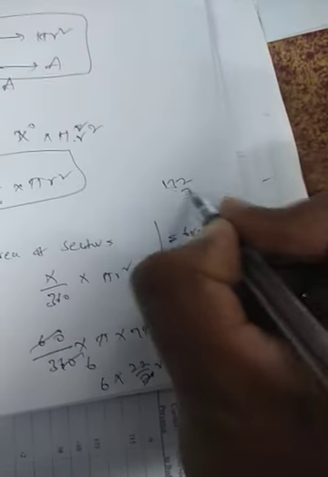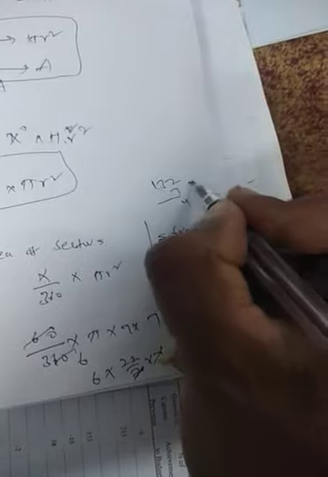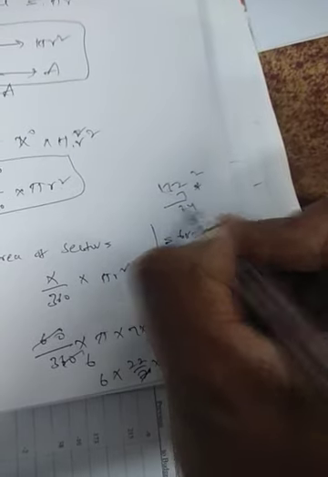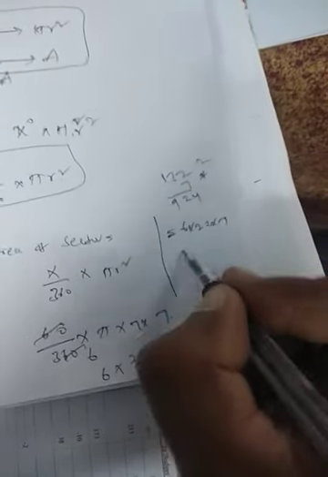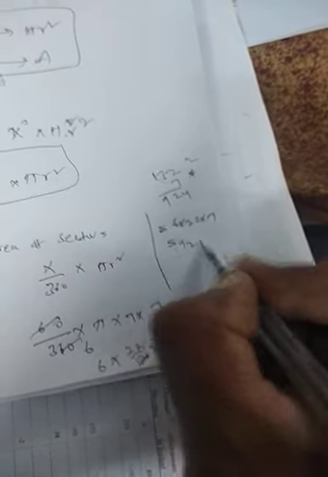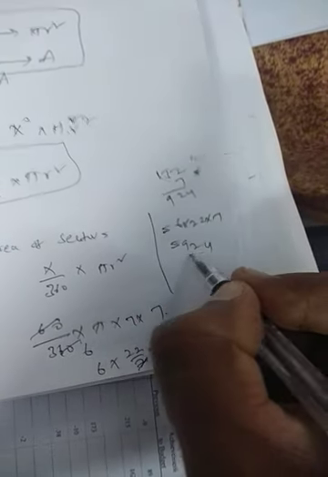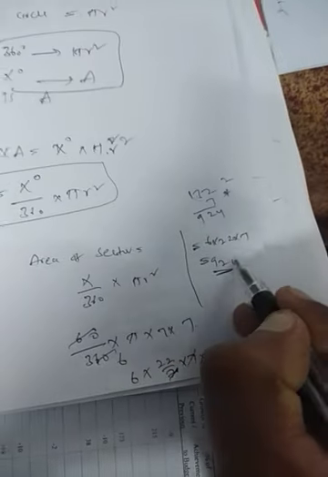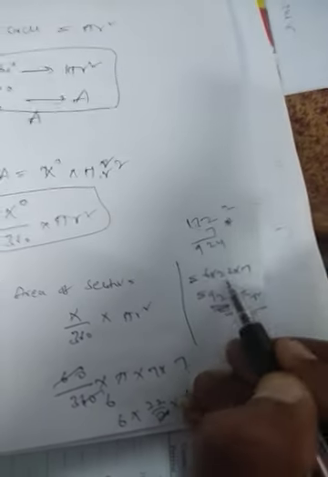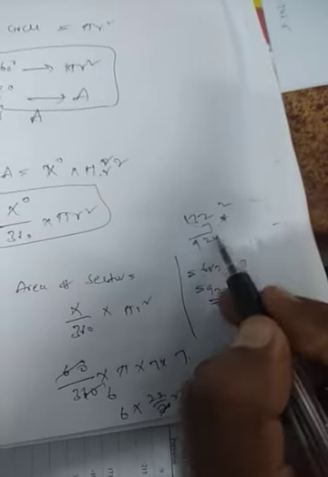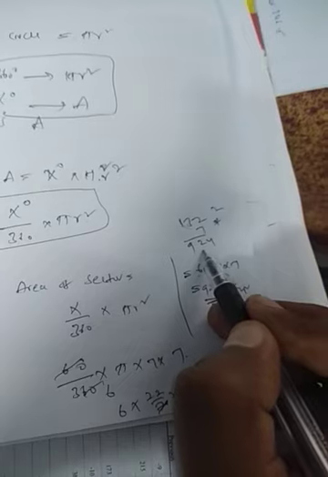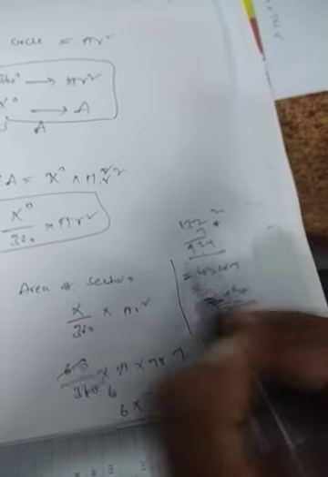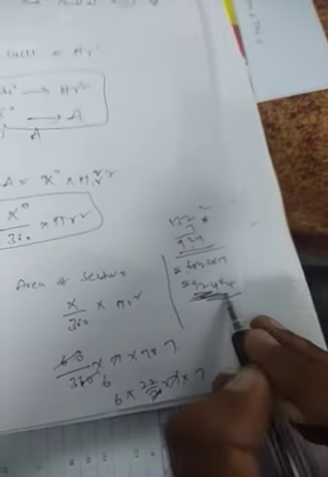Then 132 into 7: 7 twos are 14, 7 threes are 21 plus 1, 22, 7 ones are 7, 7 plus 2, 9, giving 924. If the radius is in centimeters, it will be centimeter square. If the radius is in meters, it will be meter square. So 924 centimeter square is the area of the sector.